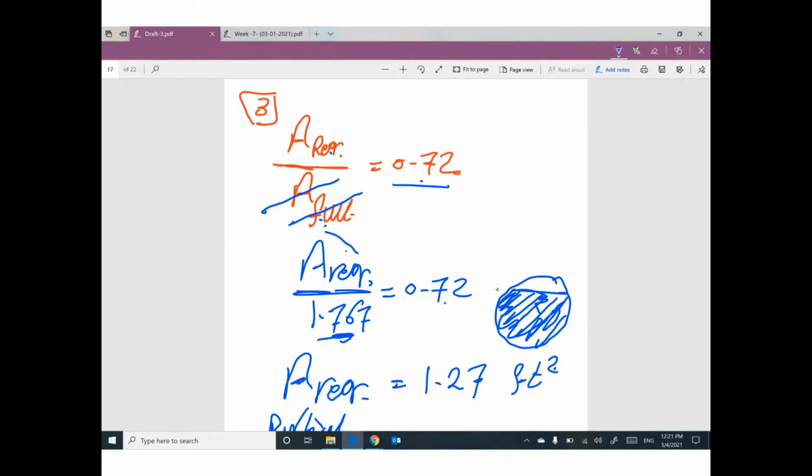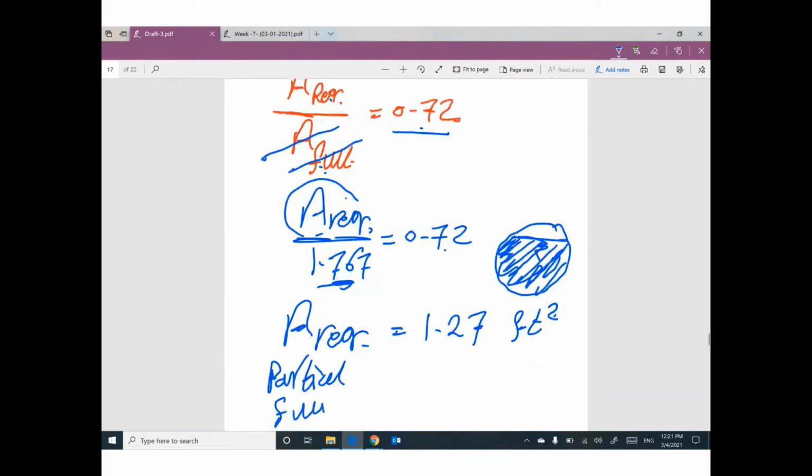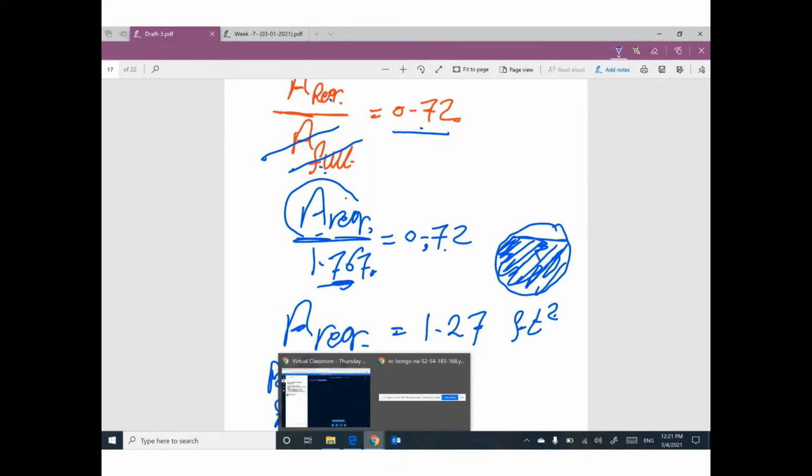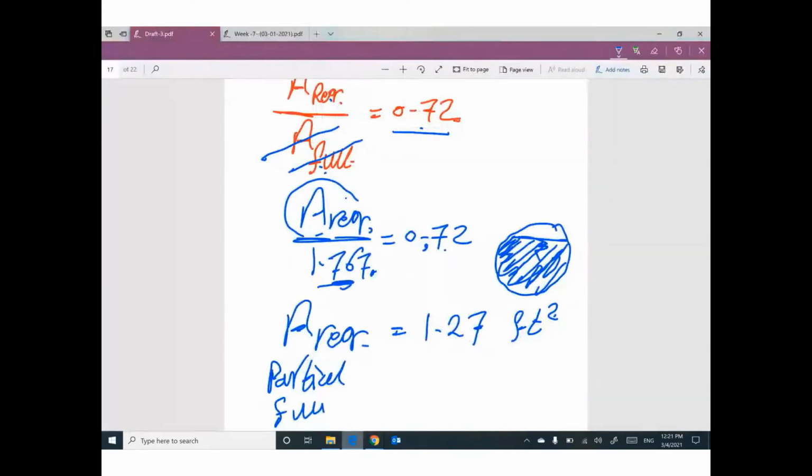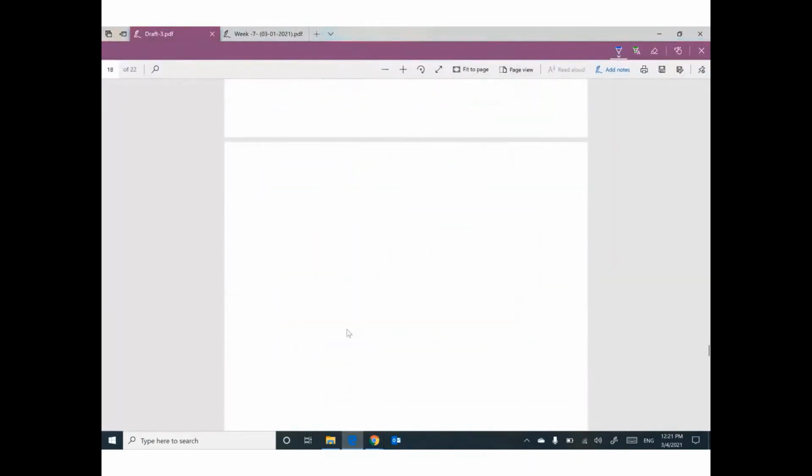What is the value of area required? Your area required equals this one times this one. That makes sense? Is it clear right now? Yes, sir. Thank you. I see what you did now. Okay, this part is very important. You have to expect one problem in this part.